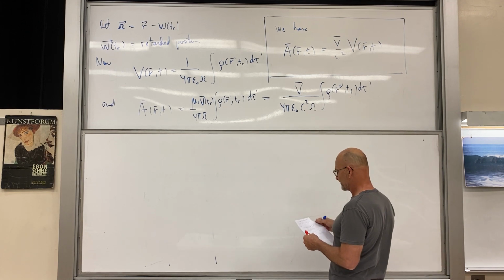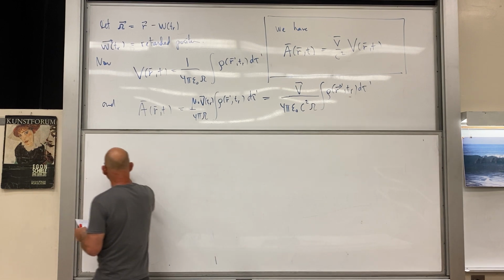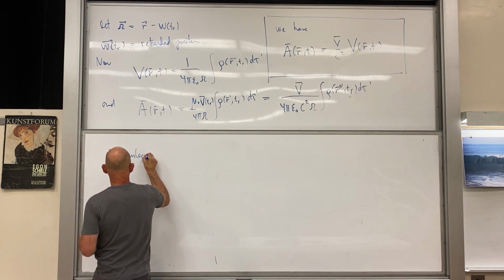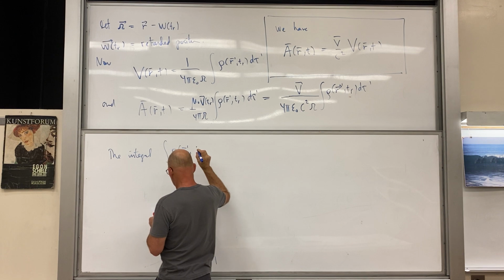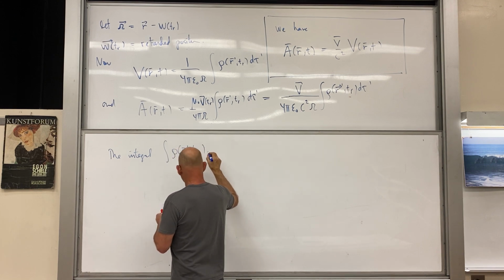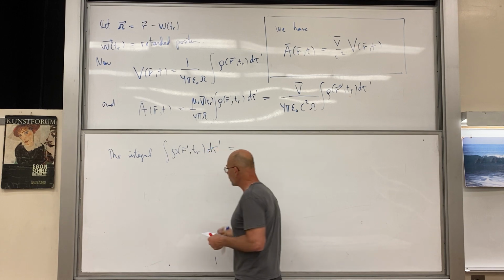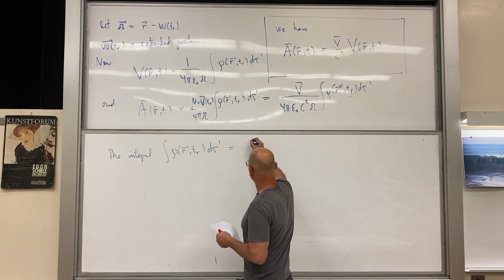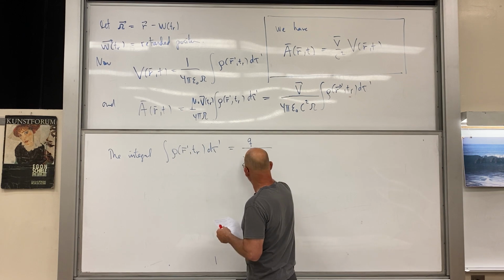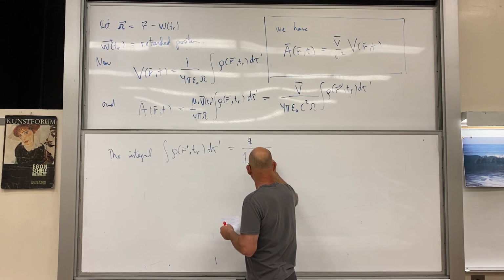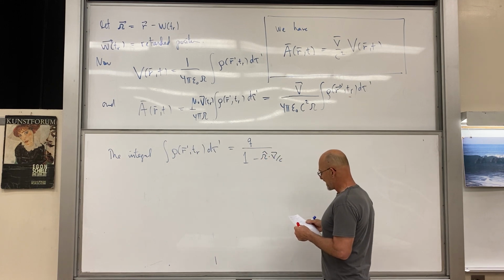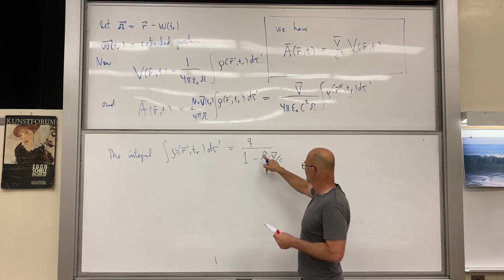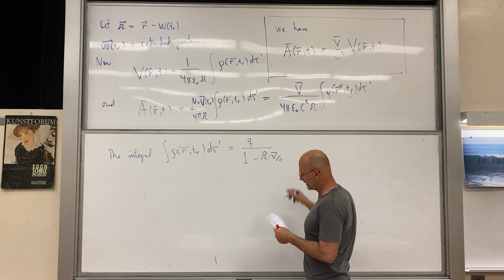So let's see. The integral of rho r prime, t sub r d tau prime. Now for our point charge, remember our point charge in motion is just q over 1 minus r hat vector dotted into v divided by c, and that can be simplified across, c q times c over c minus.